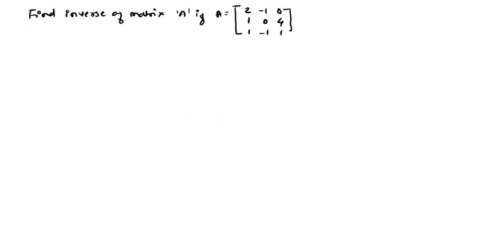Okay, next example. Suppose I want to find the inverse of the matrix using the adjoint method again. Now the given matrix is of order 3 by 3. So firstly we will write how we find the inverse of the matrix using the adjoint method.